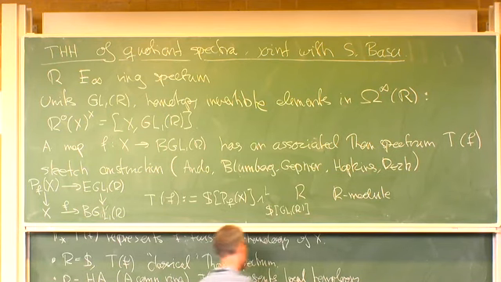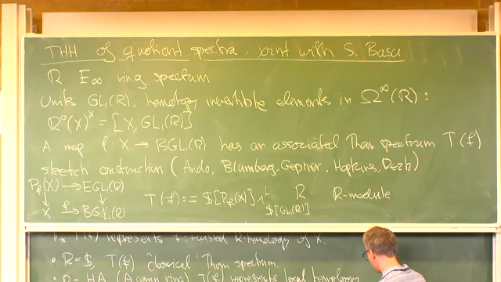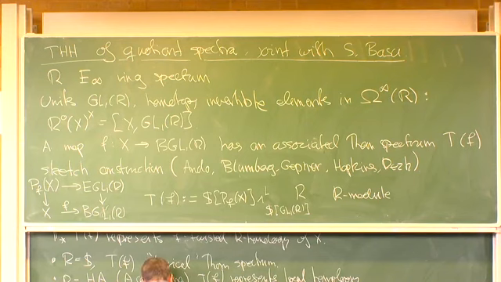We work with a model of the units which is an infinity space, and we say that this Thom spectrum goes from spaces over BGL1 of R into R-modules in symmetric spectra, or it works the same in orthogonal spectra.